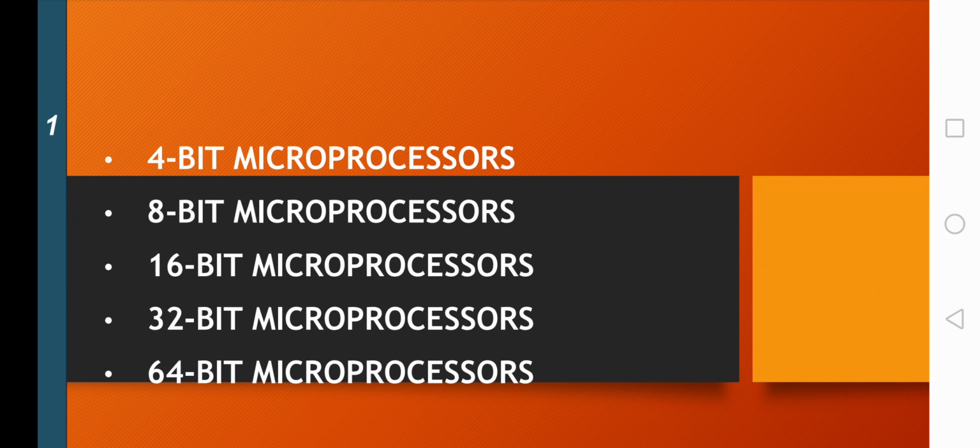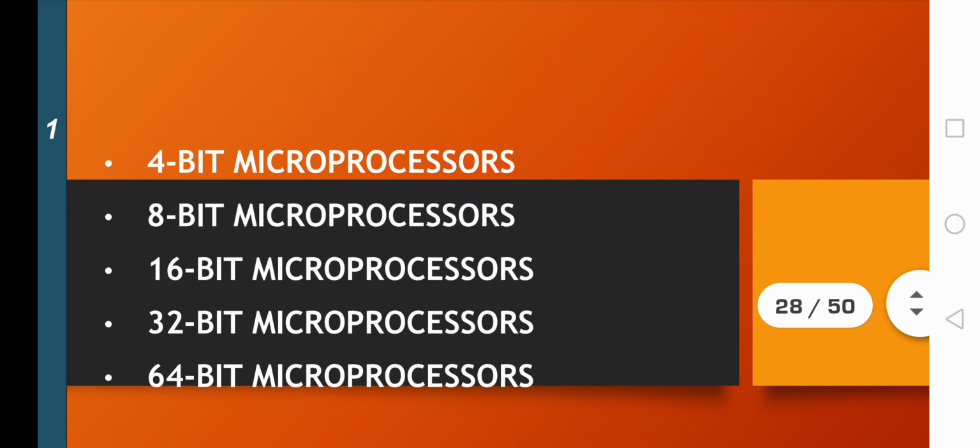The basic concept you have to understand is what its capacity is: how many bits of data it can process in a particular moment of time. That defines its capacity.